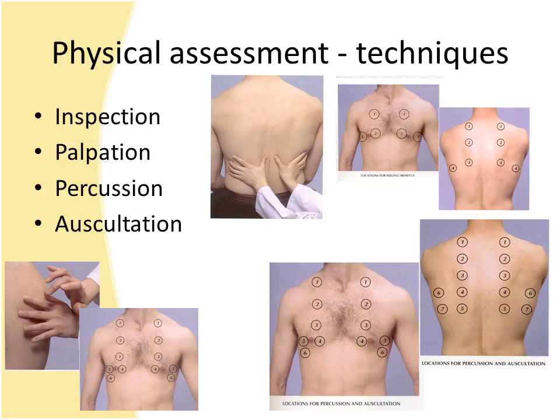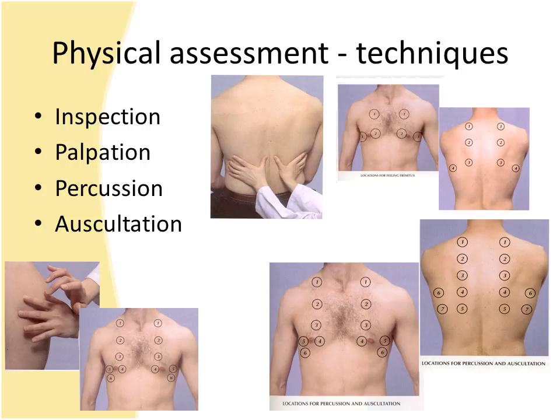Fremitus is something that we're going to palpate for, and the top two pictures on the right demonstrate locations that we're palpating for fremitus. And fremitus is vibrations that can either be felt or heard when we ask the patient to say 99 or 111.